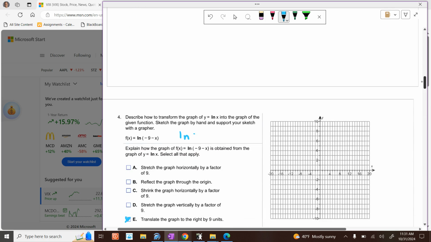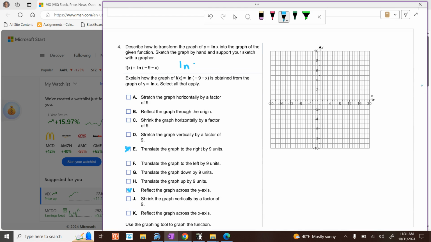So the right way to do this is to factor out a -1 and then go 9 plus x, which is x plus 9. So factor out a -1, x plus 9.